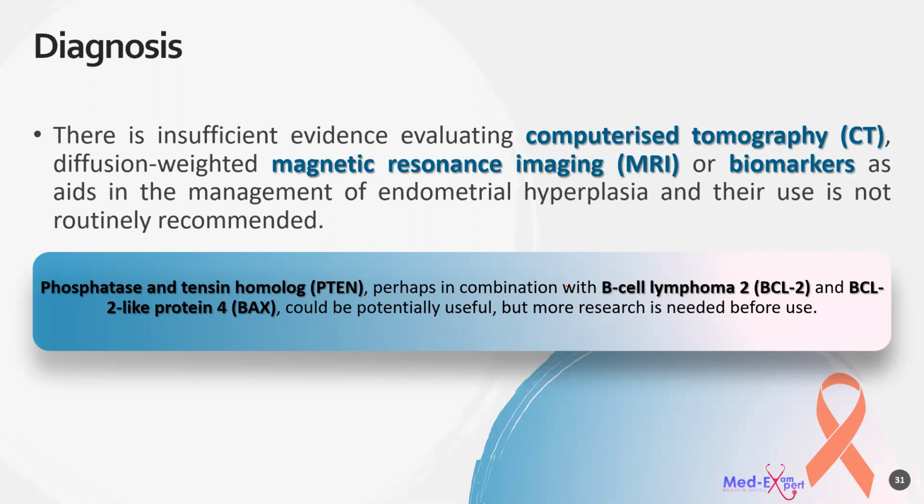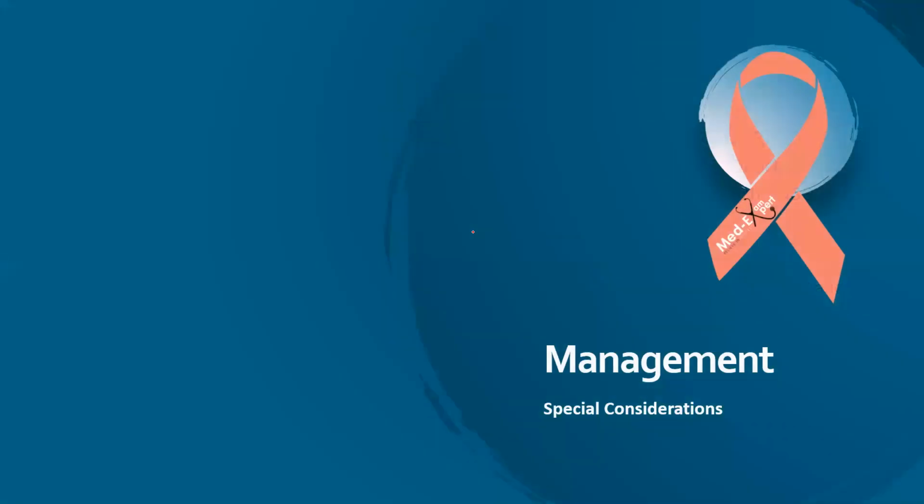Some examples of such markers are called the phosphatase and tensin homologue, PTEN, and the B-cell lymphoma-like protein, abbreviated as the PAX protein, which could be useful in detecting cases of endometrial hyperplasia, but more research is needed before use. So the final recommendation is that the use of CT, MRI, and biomarkers is not routinely recommended for cases of endometrial hyperplasia. Clear?